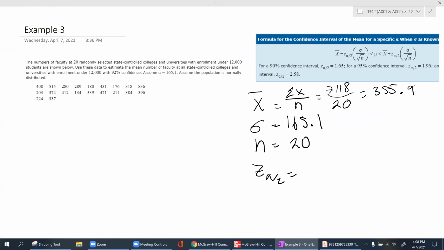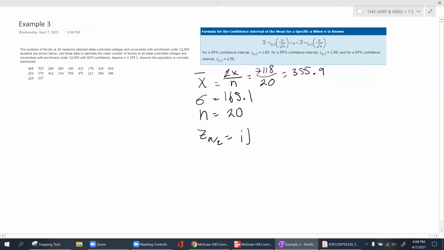So at this point, I pretty much have everything that I need. Let's go ahead and find that Z value. I see here 92%. Step 1: I want to turn that 92% into 0.92. Step 2: alpha is equal to 1 minus 0.92, which gives me 0.08.